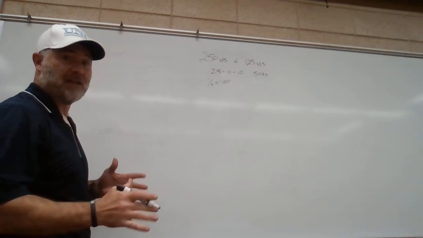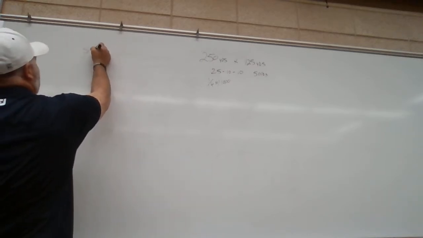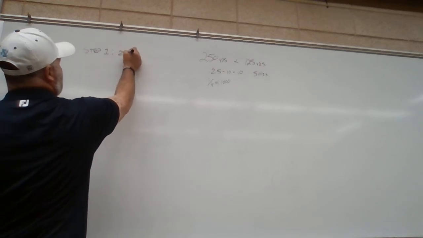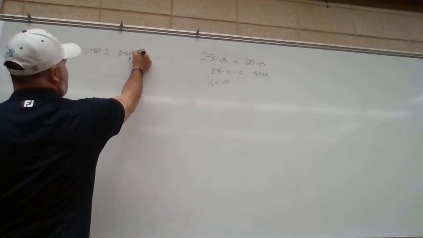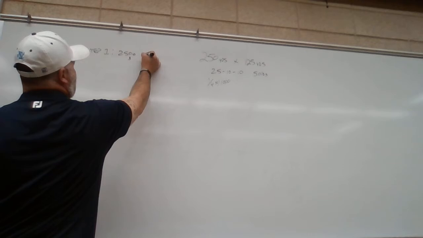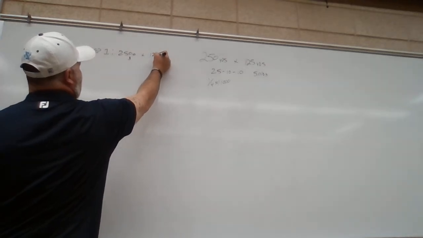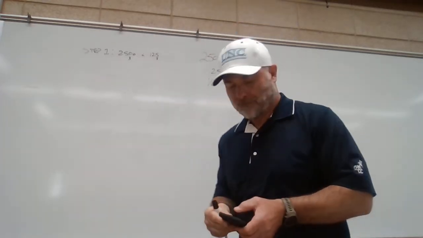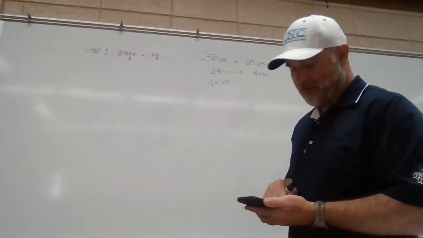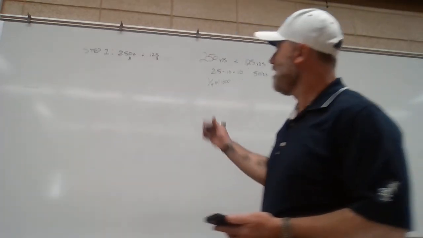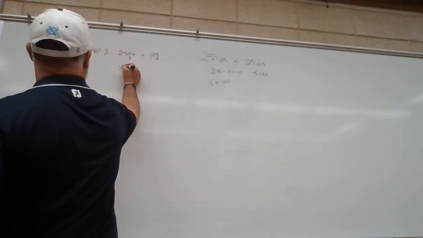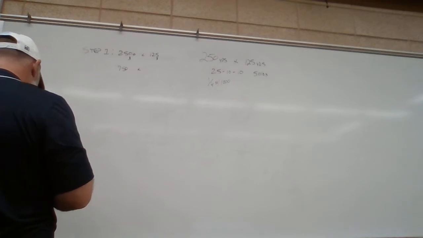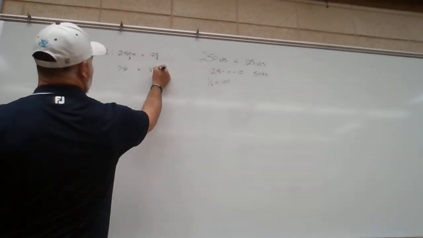Step one: get everything into square feet. So 250 times 3 equals 750. So now we've got that in feet. 125 times 3 is 375.